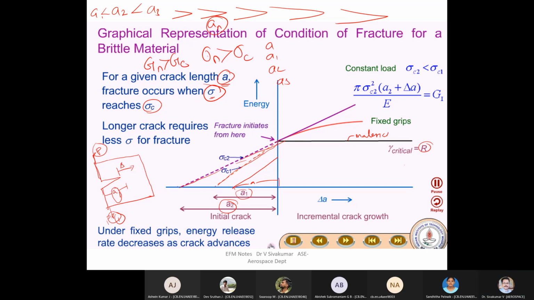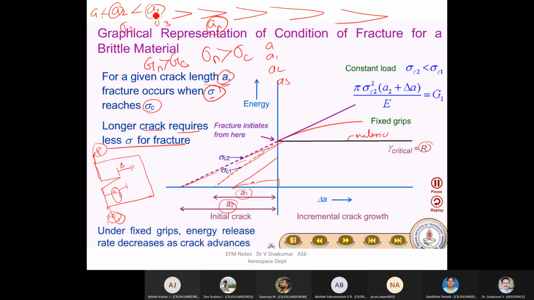But a longer crack requires less sigma for fracture. That means what? Compare the crack lengths: A2 with sigma 2, A3 with sigma 3.